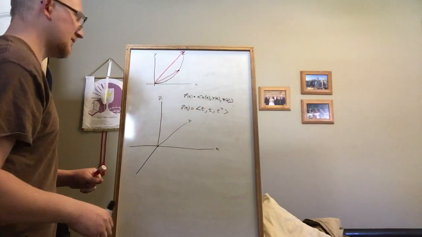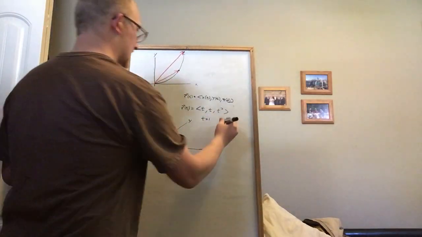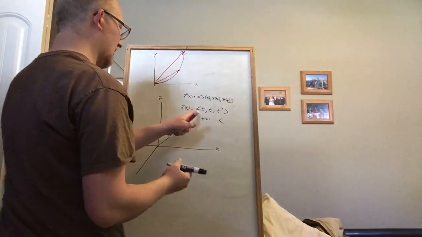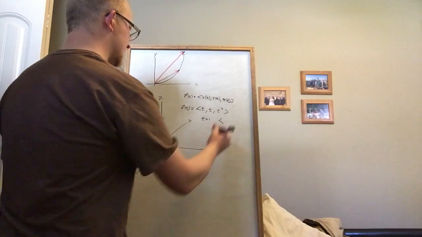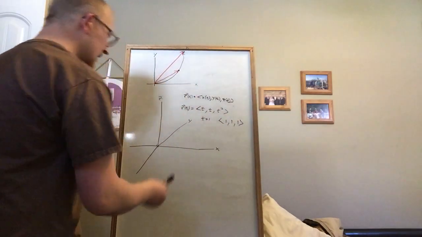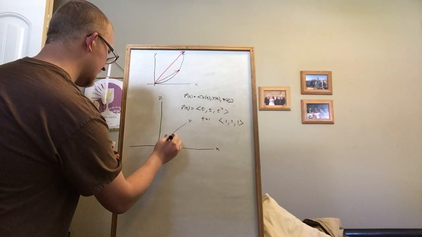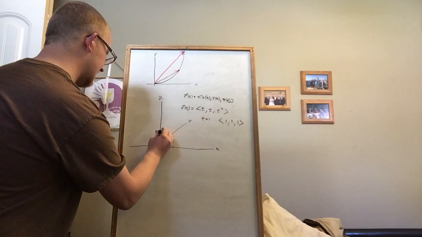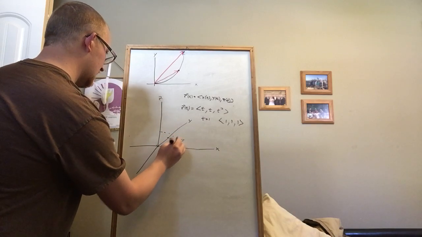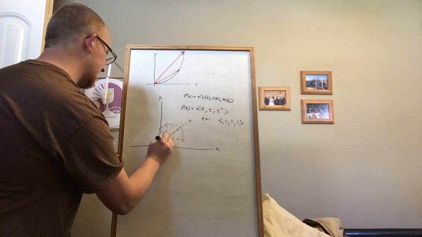And so this is going to be our position vector as a function of time. And so you'll notice here that at time equals 1, if t equals 1, our position vector r of 1 is going to equal 1, 1, 1. So we can go ahead and find that. That's 1, that's 1, that's 1. So we're roughly looking at something like that.